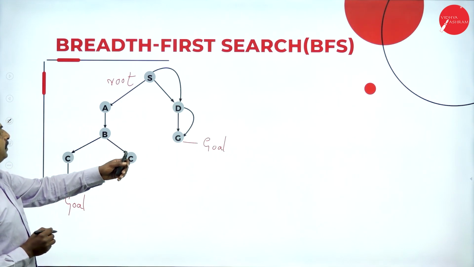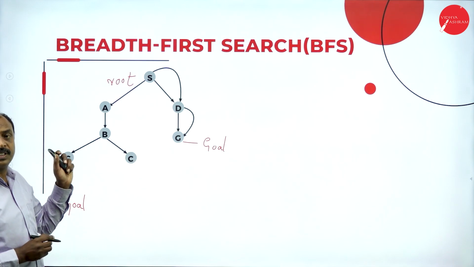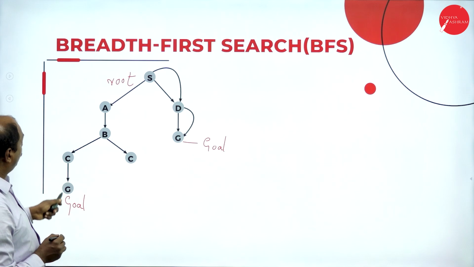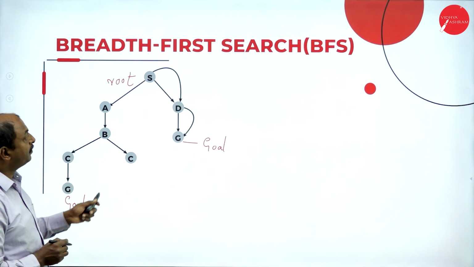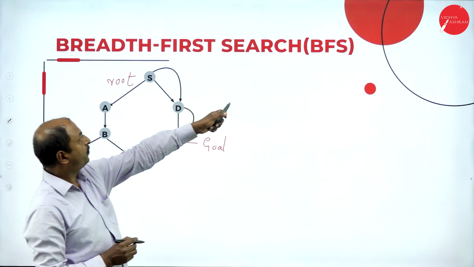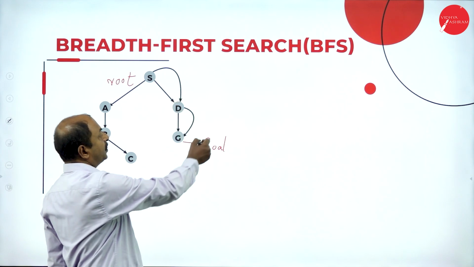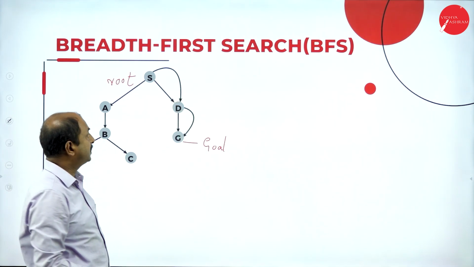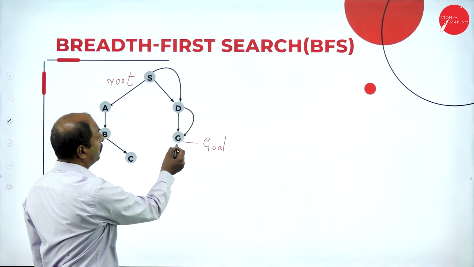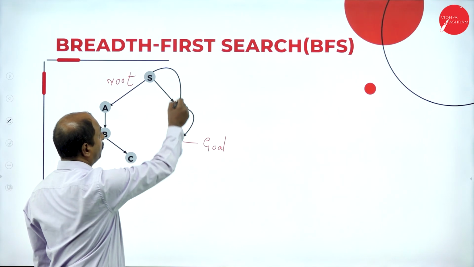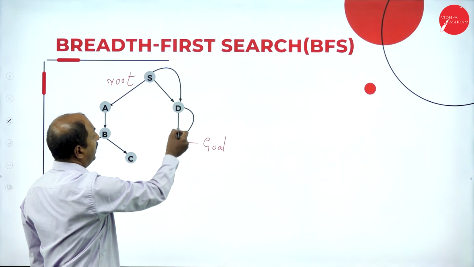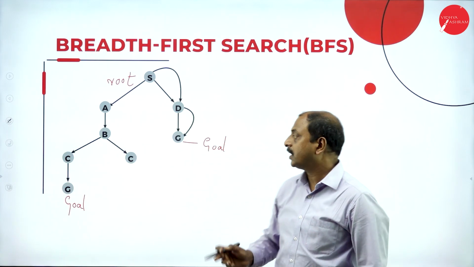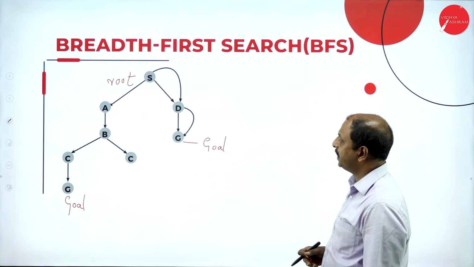If you compare this with the previous algorithm, it used to take the deepest node first. But breadth first search is going to take the shortest path with respect to the lowest cost. So to reach the goal here, it takes the path S, D and G. There are only two nodes to cross or traverse to reach the destination.